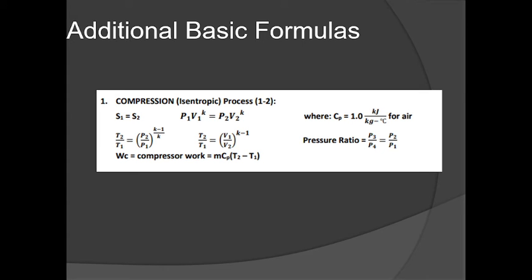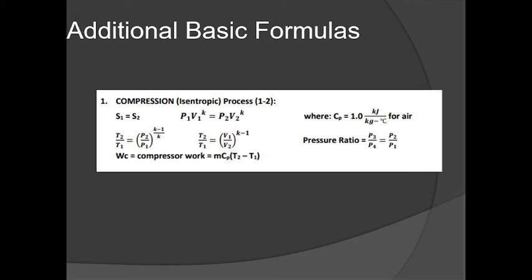So additional basic formulas for the compression. So we have P1 V1 raised to K is equal to P2 V2 raised to K. So these are the PV and T relationships for the isentropic process.